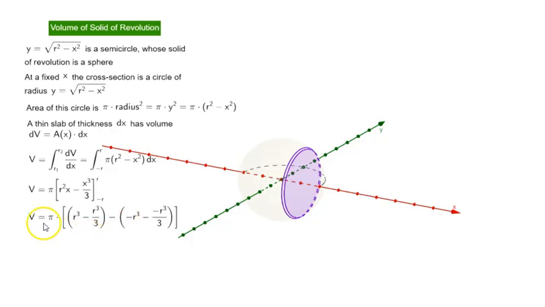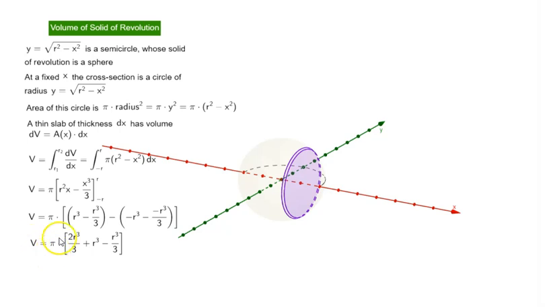Taking care of the limits, we get V is equal to pi times r square times r, that is r cube, minus r cube by 3, minus, now we substitute minus r. So we get r square times minus r, which gives us minus r cube, minus r cube by 3.